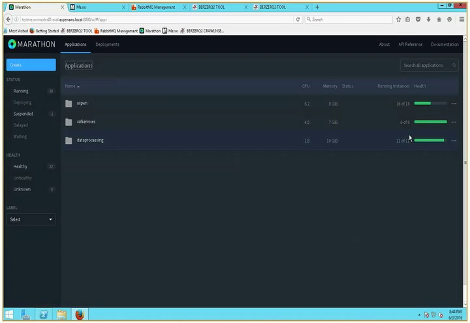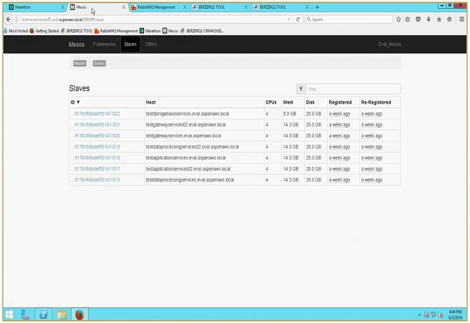Mesos provides resources for Marathon to deploy the various tasks. Mesos presents resources as a cluster, or in our case, multiple clusters. For Verity, the data processing cluster is used for all of the data-processing-related services.